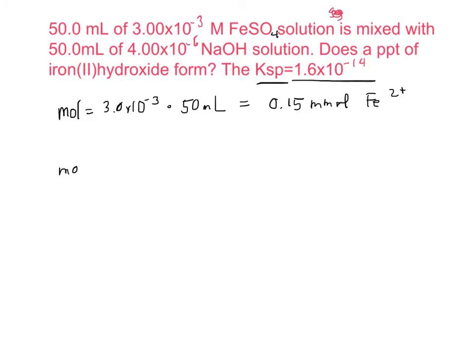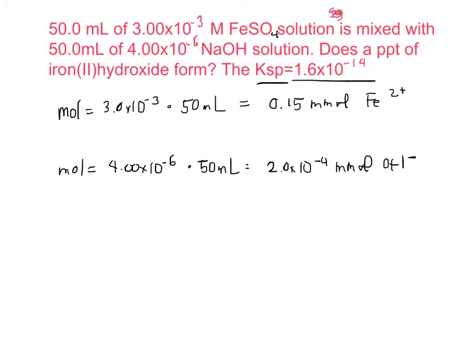Then I'm going to do the same thing for the moles of hydroxide ions. The molarity of that is 4.0 times 10 to the negative 6 this time, multiplied by my volume, 50 milliliters, and that gives me 2.0 times 10 to the negative 4 millimoles of OH-.